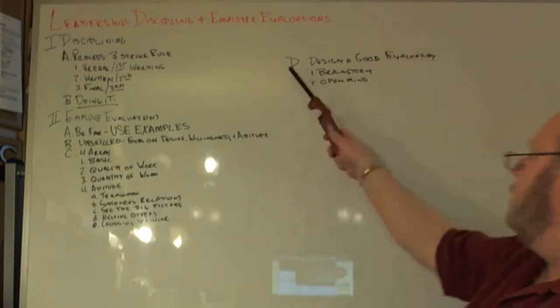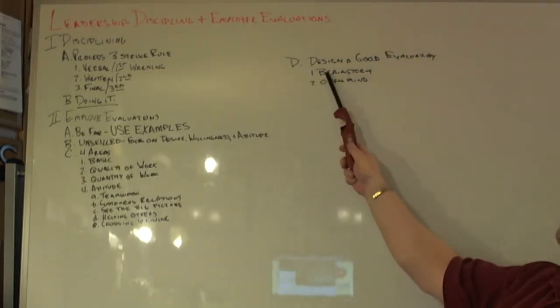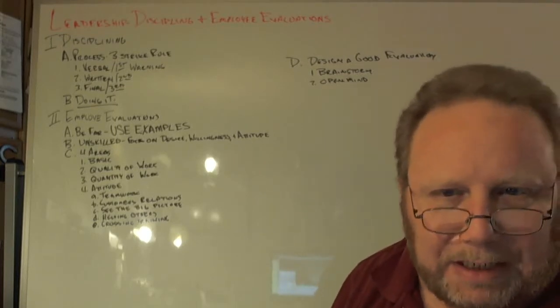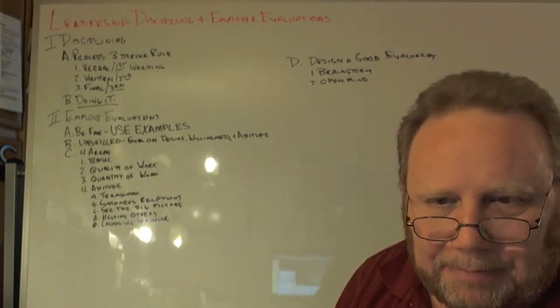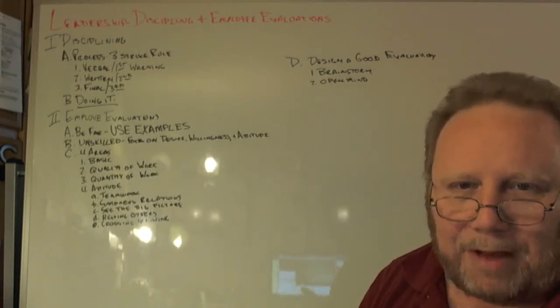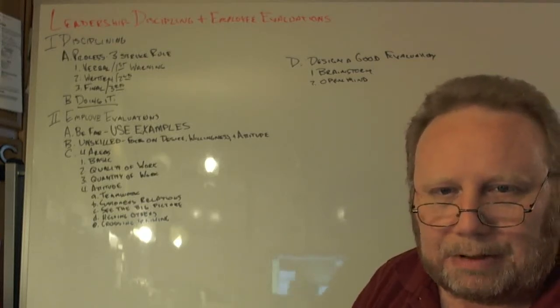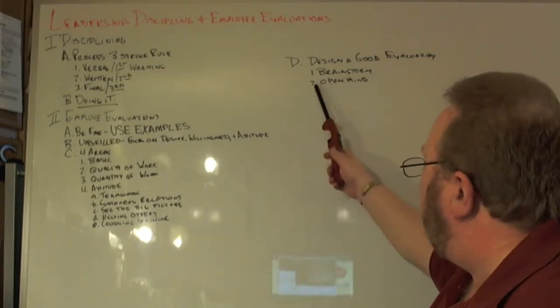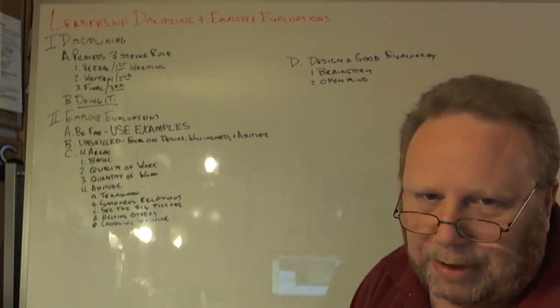So when you're designing this evaluation, for me, sometimes it's a matter of creativity. I really have to put myself in a different place. I have to relax and brainstorm and come up with creative ideas. You like to stay open minded in this process.